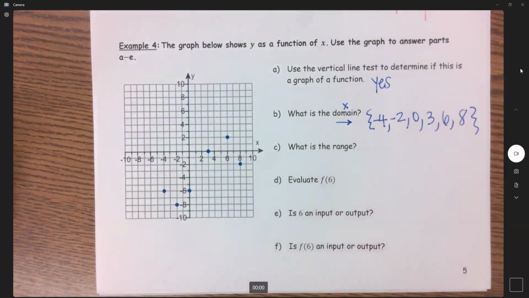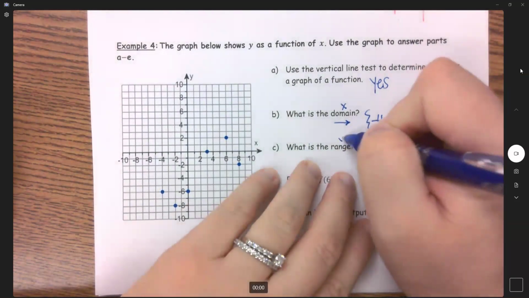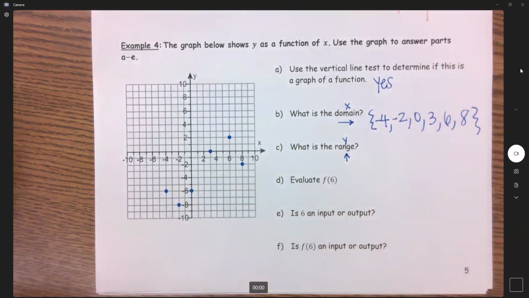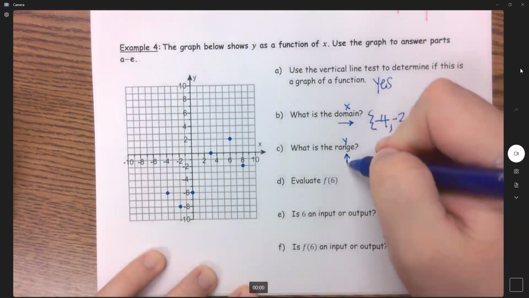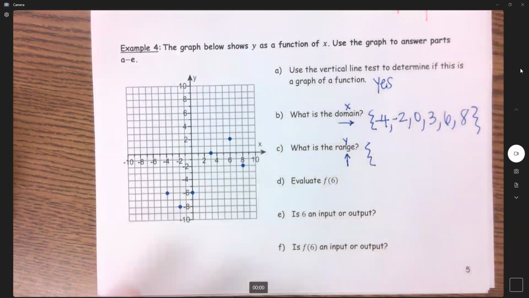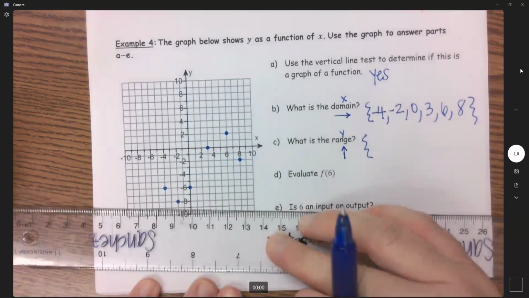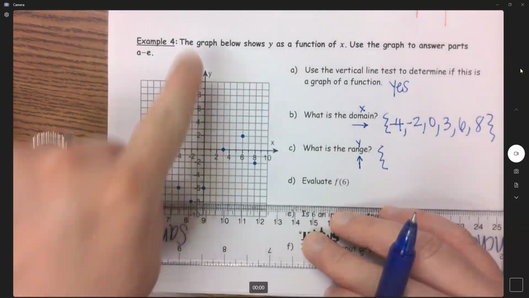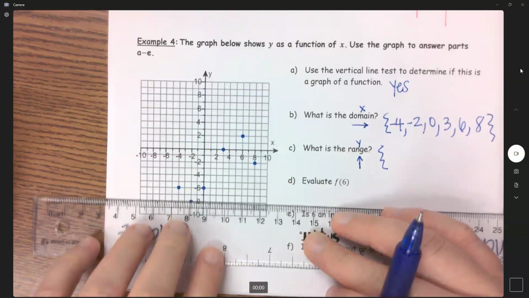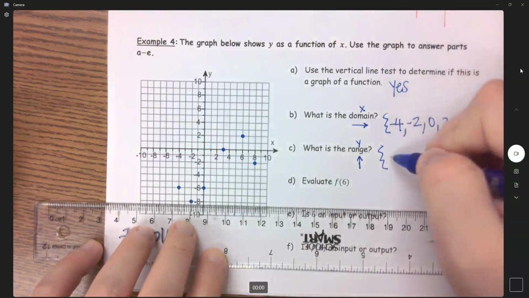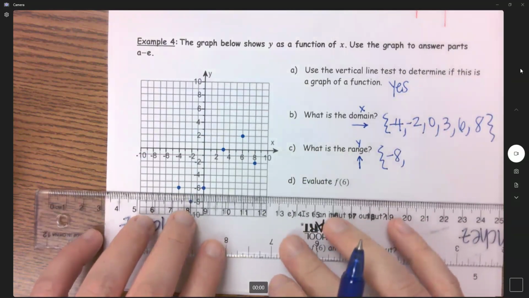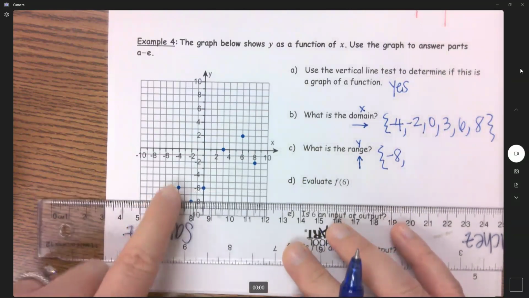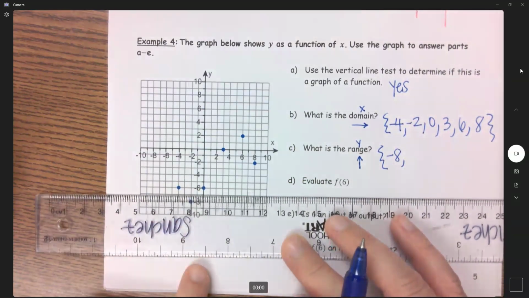Okay, now I need my range. My range are all of my Y values. And to get my range, I'm going to go from the bottom to the top. Okay, so squiggly brackets. When I start from the bottom, here's my first point, and now I'm looking at my Y values, it has a Y value at -8. A Y value at -6, and I actually have 2 points right here with a Y value at -6.